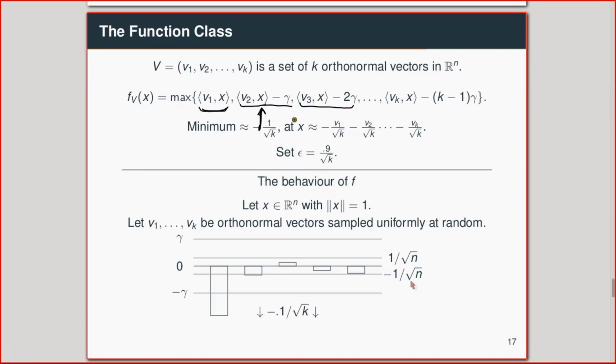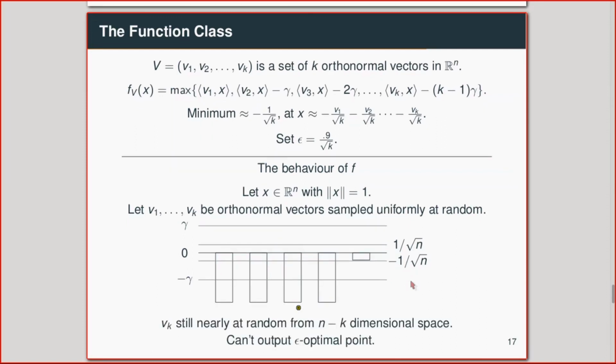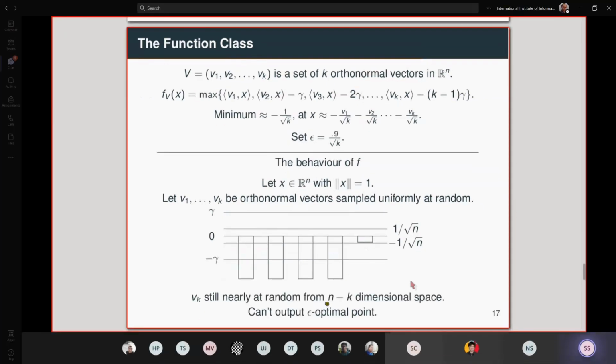And so the second query would have revealed v2. And again, if we didn't know anything else about v3 to vk, our third query would have revealed v3, and so on. After k minus 1 queries, vk will still be nearly at random from a large dimensional space. So this is still going to be close to 0.